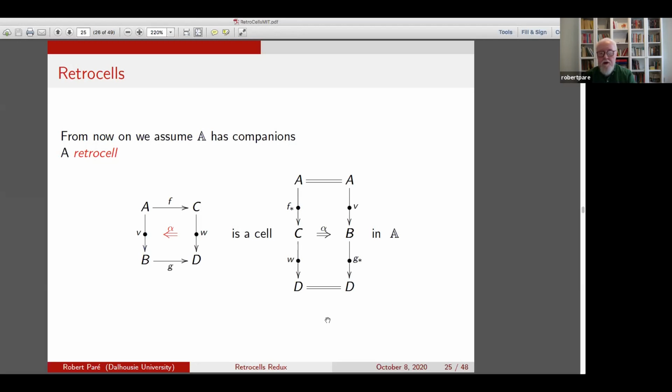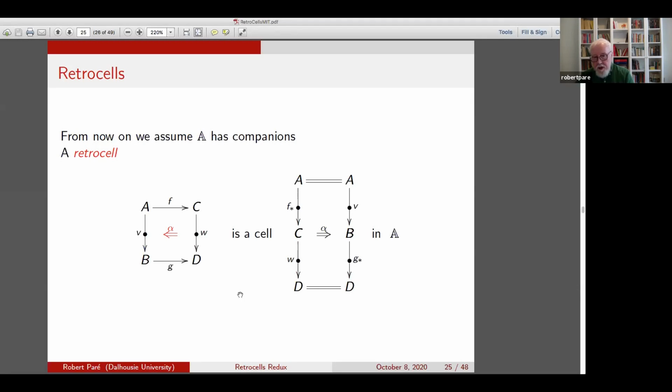A retrocell fitting in a square like this is a globular cell going from W F star into G star V. So it's going this way. If you remember, if you have an ordinary cell here, then it gives you something going in the other direction. It goes from G star V into W F star. So I'm just putting this in the reverse direction.